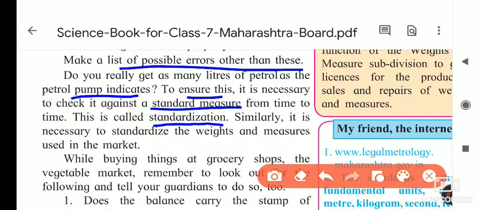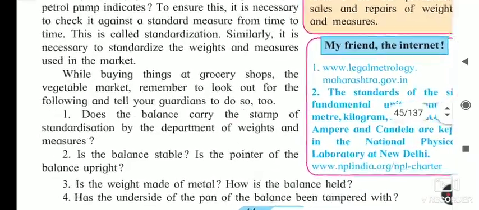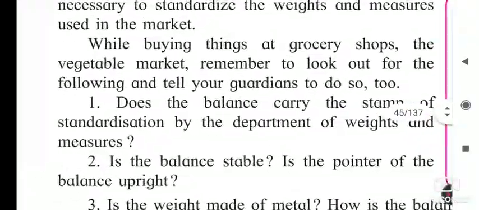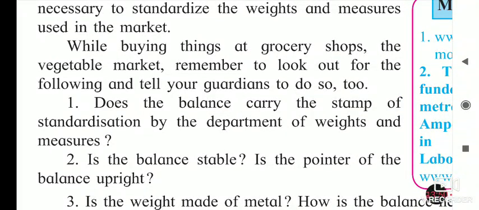Similarly, it is necessary to standardize the weights and measures in the market also, because some people cheat us if we don't know detailed information. So we must know the information about this.